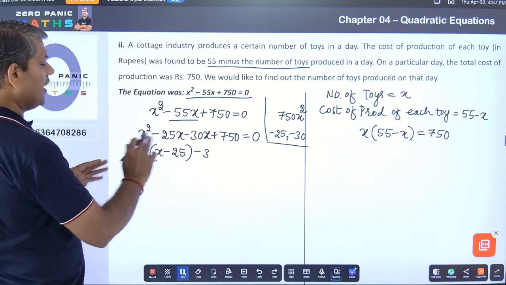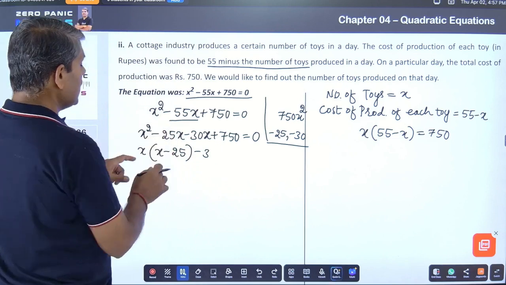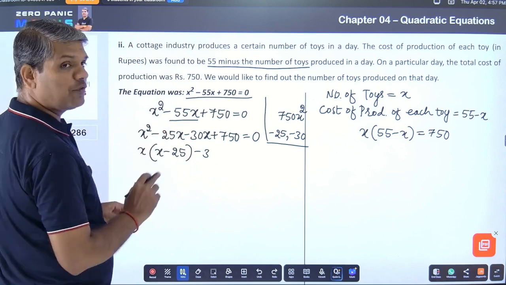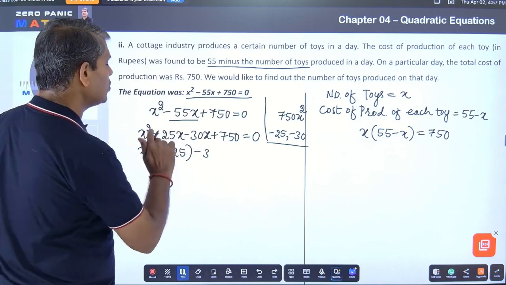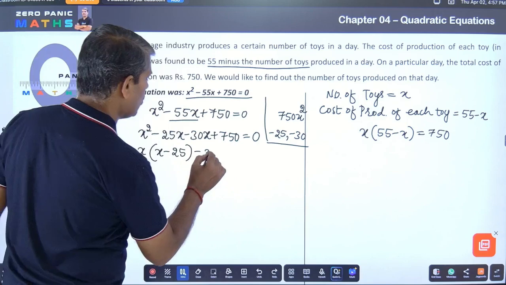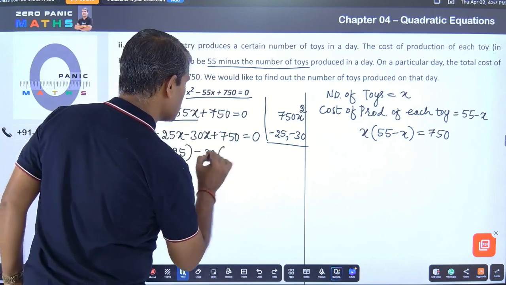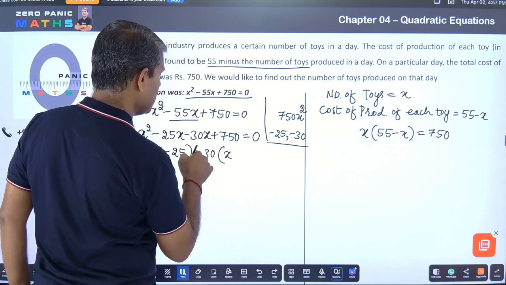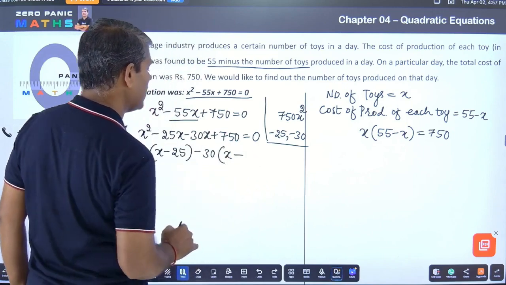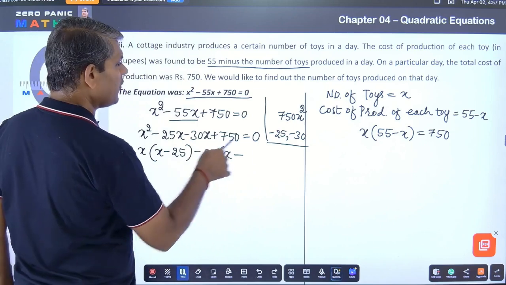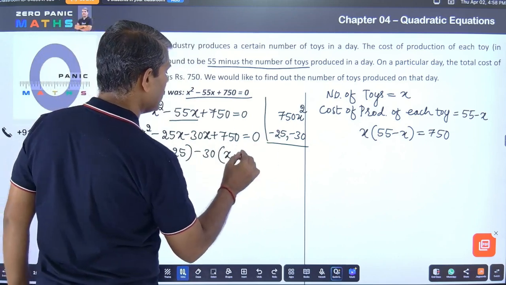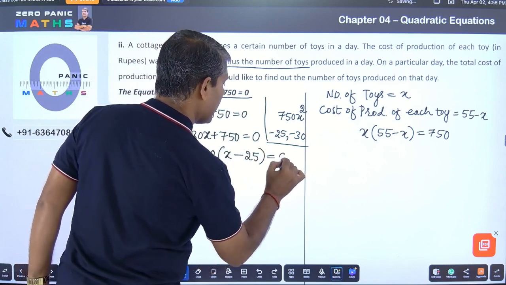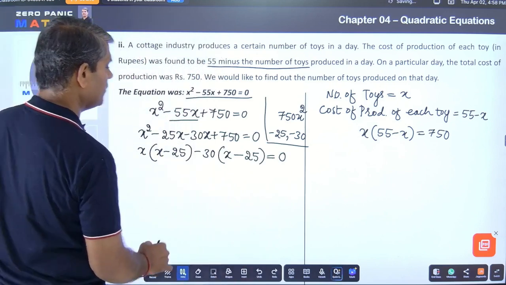I'll just verify it. It is not required, but to check whether any signs got changed or something else is left, I will always do that. That is a good practice. If you take 30 as common, then x remains in the first term. Since there is a minus here, I'll have minus also, and 25 times 30 is 750.